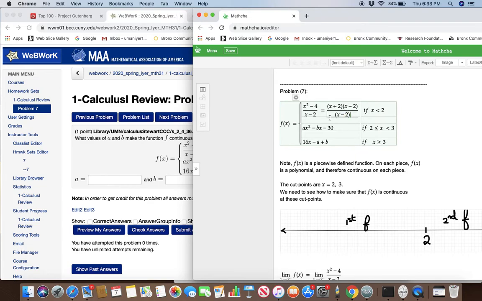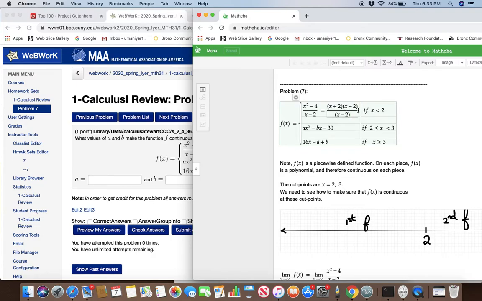So x minus 2 cancels x minus 2 if x is not 2, which it isn't, and you get x plus 2. You understand? So x plus 2 alone is a continuous function.